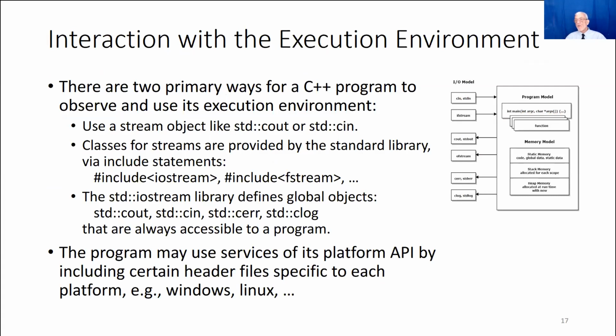So that's another way of interacting, at least acquiring inputs from the environment. And finally, our program can interact directly with a platform. This is native code, so we can make calls directly into the platform APIs. And exactly how we do that depends on the platform we're on.